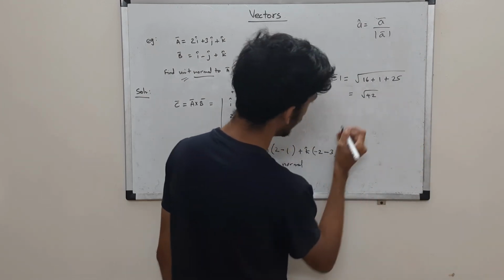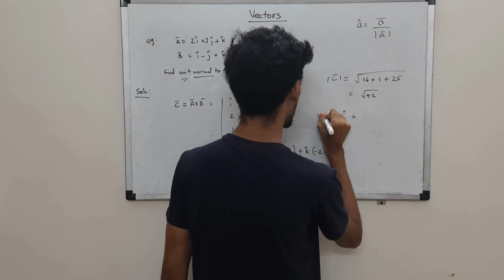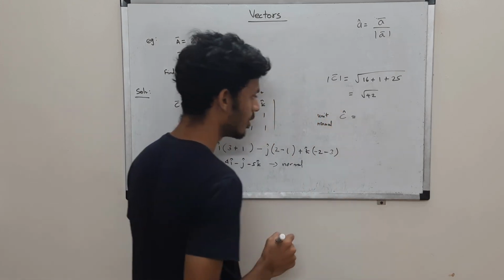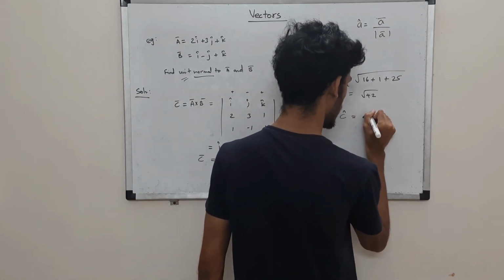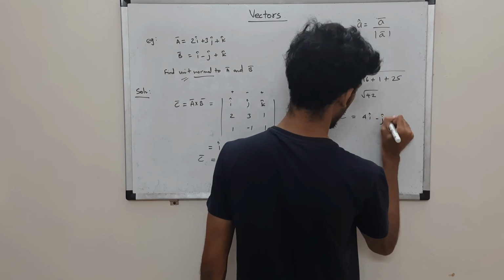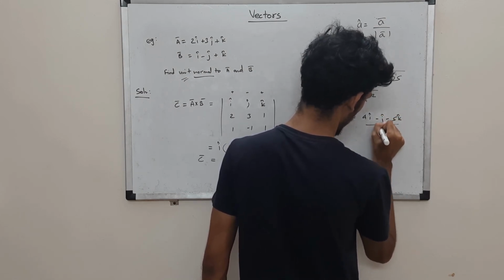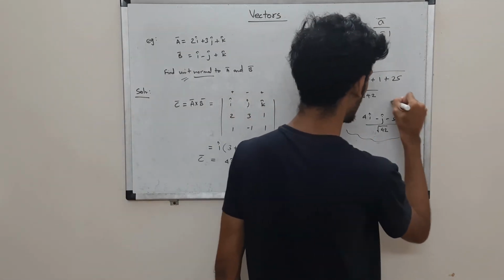So basically this will be unit normal. C is a normal, and C cap will be the unit normal, which is the vector divided by its magnitude. 4 I cap minus J cap minus 5 K cap by root 42. So this is the answer that we were supposed to find.